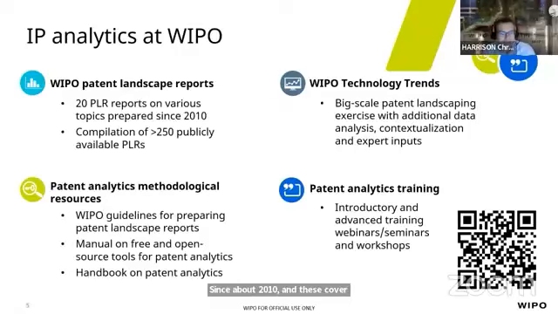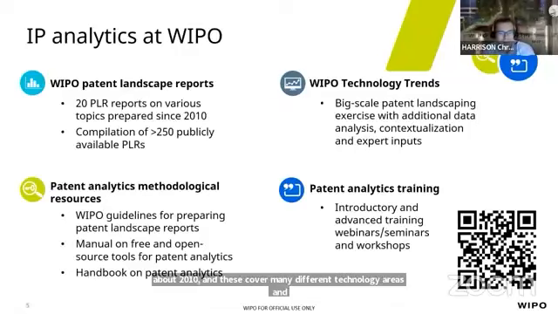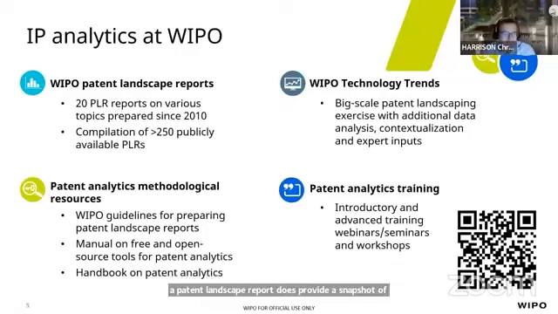A patent landscape report provides a snapshot of a technology area at a particular point in time, which can be very insightful and used to inform policy discussions, strategic planning, or tech transfer. And that's just a small part of the wider work that we do within the team at WIPO.